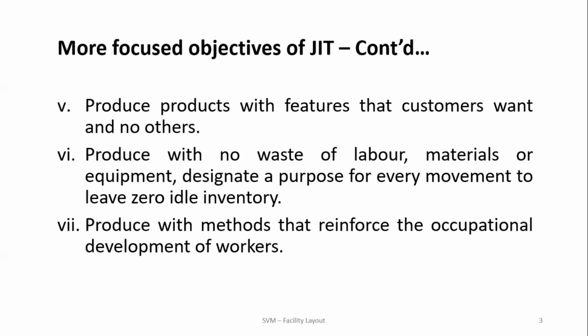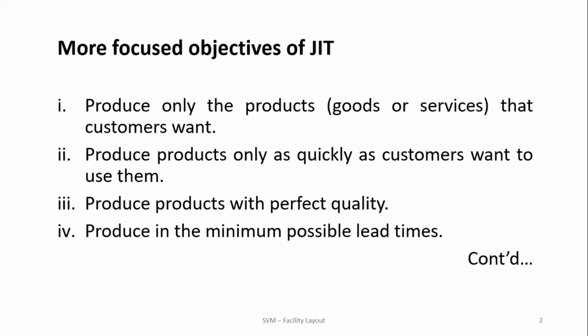So from these objectives, we can say these are all specific objectives of JIT, where the first one is only produce products that meet customer demand. Second one is produce products just in time to meet customer demand. Perfect quality you have to give means produce products with zero defects.